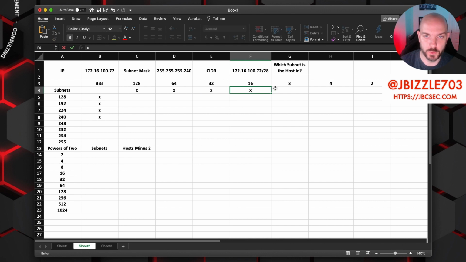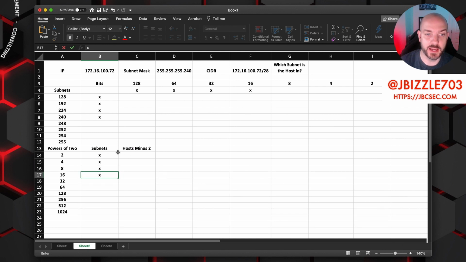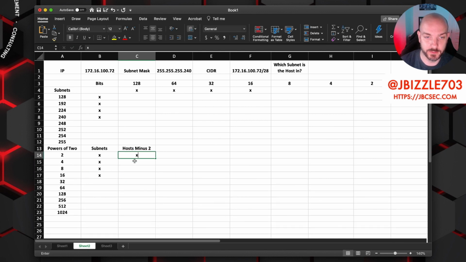We're going to go 4 over, so that's going to be 16. And again, 8 minus the 4 that we put there is going to be 16 minus 2 for 14 usable hosts.